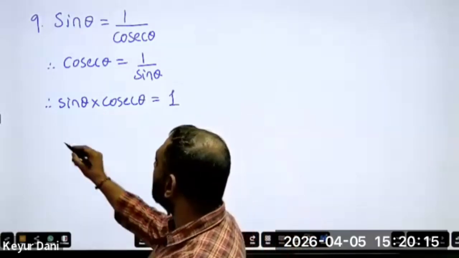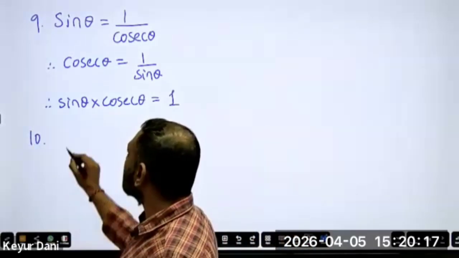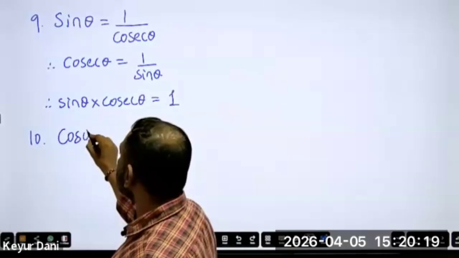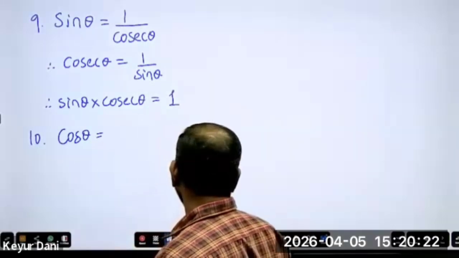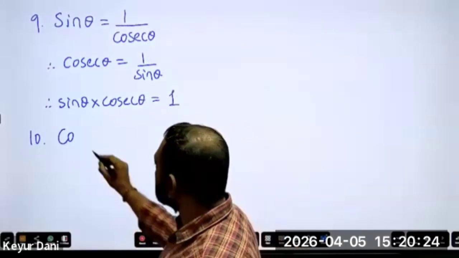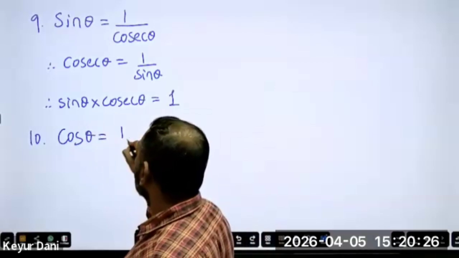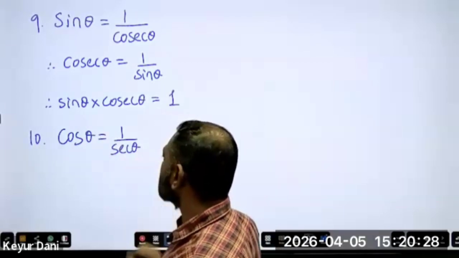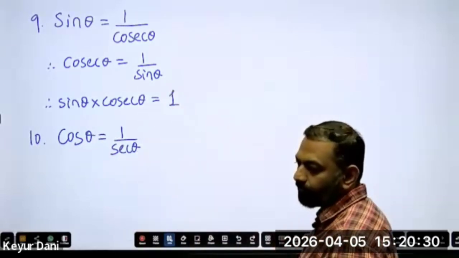Got it? Can you make one more formula like this if the relation is between cos theta and sec theta? So cos theta is equal to 1 upon sec theta. Now tell me the other two formulas like this. Sec theta is equal to 1 upon cos theta.